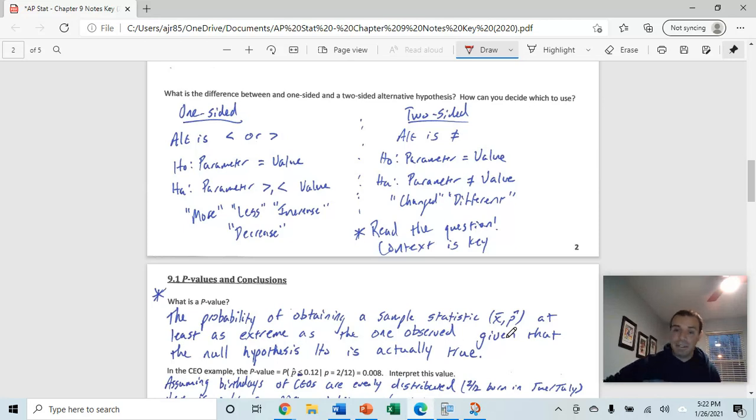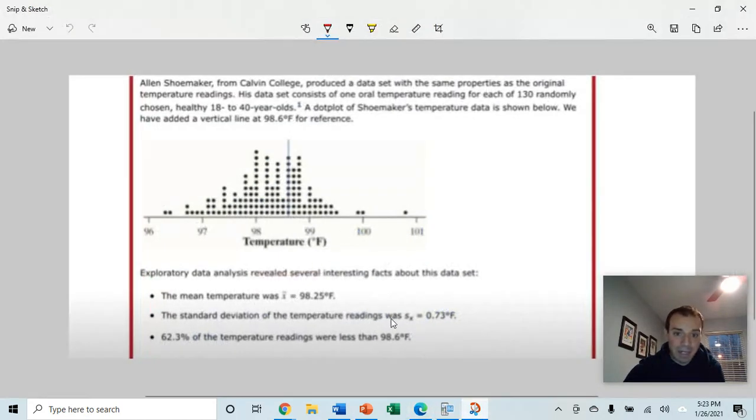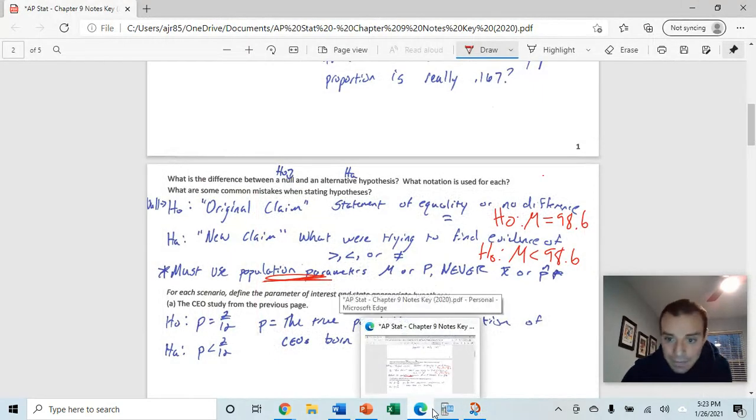I'm going to go back to my previous example dealing with our body temperature. I'll give you a second in case you need to write that down. So if we go back to our example here, where our null hypothesis was mu is equal to 98.6 and our alternative was mu is less than 98.6, keep in mind that we got a sample mean here of 98.25.